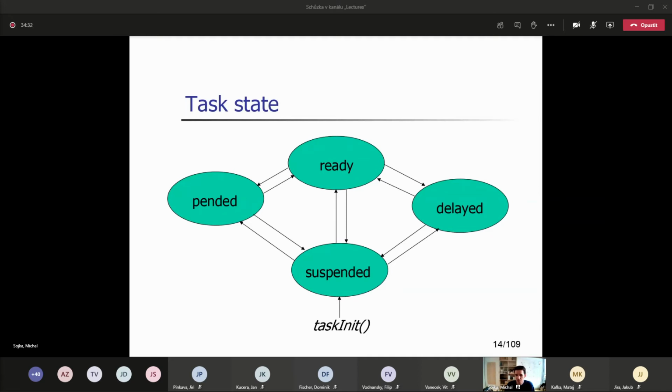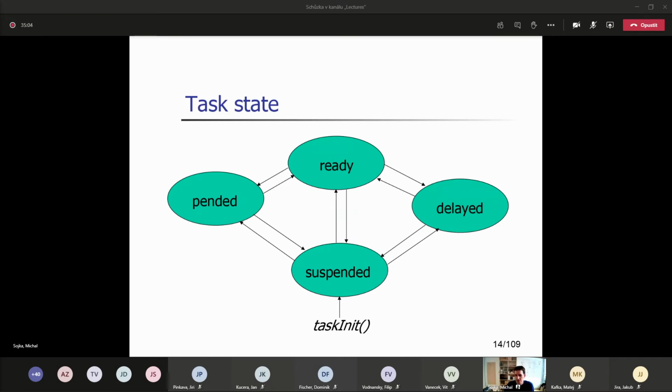You can later put it into suspended state by calling task suspend or a similar function. Then when the task is ready to be run, it is moved to the ready state. For some reason, VxWorks does not distinguish between ready and running states as some other operating systems do, but of course the task is either ready and running or ready and non-running, but this is not visible from the task state here.